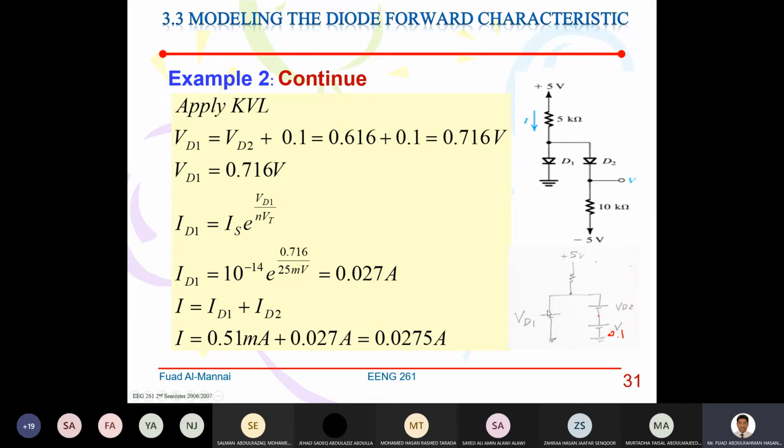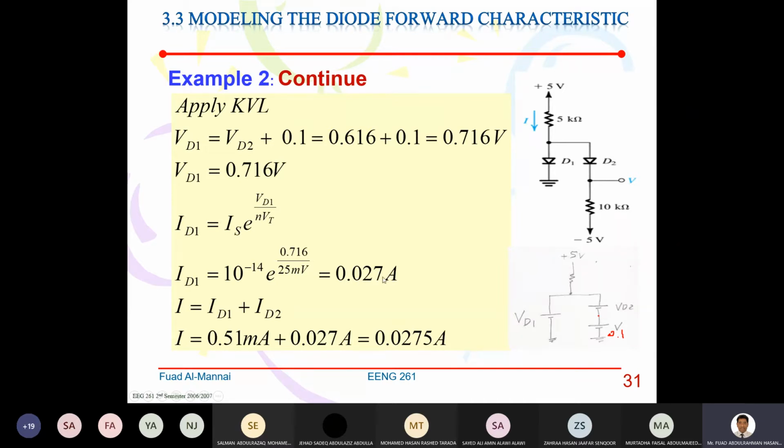Now that I have found the voltage, can I calculate the current? I can calculate the current using ID1 is equal to IS e to the power VD1 divided by NVT. Substitute for the value of VD1, N, and VT, and I'll find that ID1 is equal to 0.027 amps.